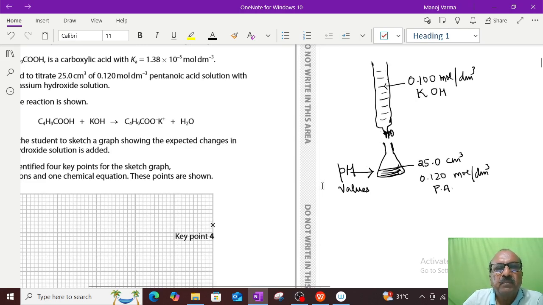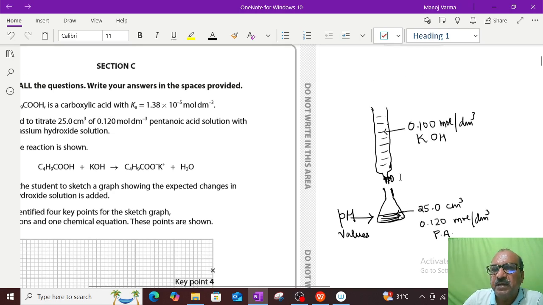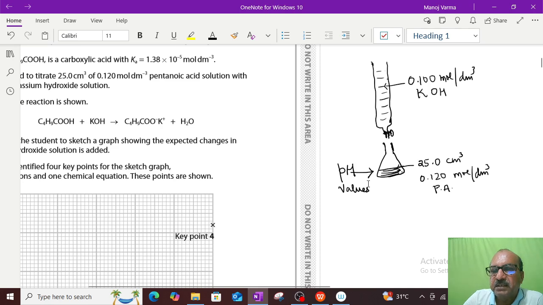So just for convenience, I have shown here that in the conical flask, 25 cm³ of pentanoic acid has been taken, and its concentration is 0.120 mol/dm³, and we are adding from a burette 0.100 mol/dm³ potassium hydroxide solution gradually, and the pH values will be recorded from the conical flask at various points.